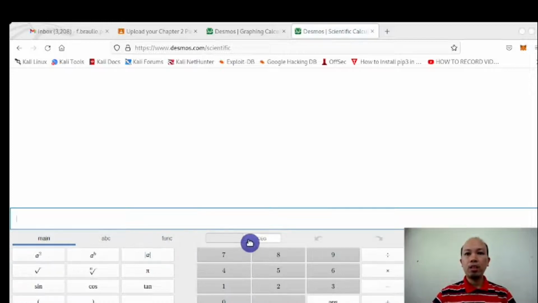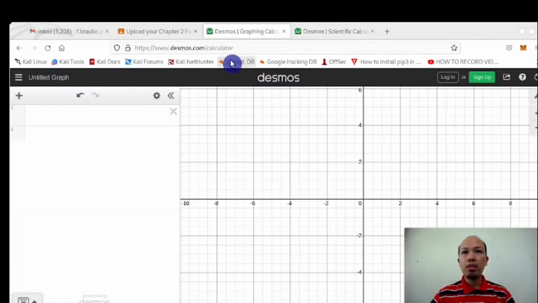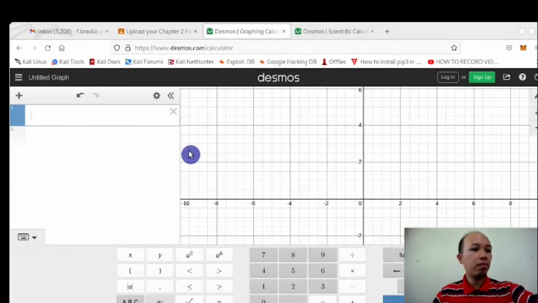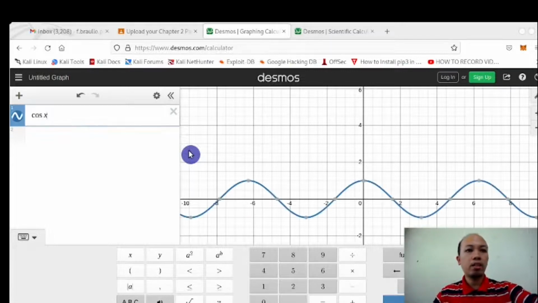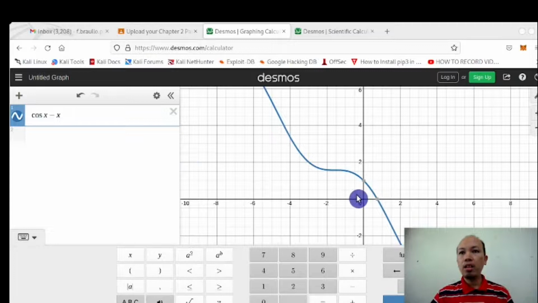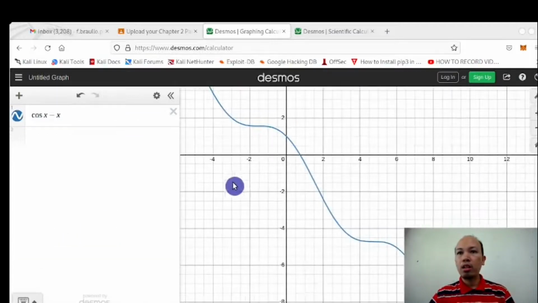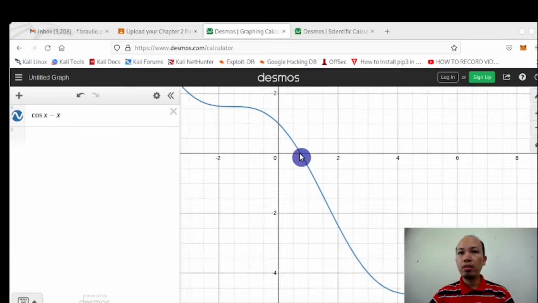Don't forget that we will use the radian mode. But before that, let's graph the function cosine x minus x. Clearly it has a root at this point, which is 0.739. This is the root, approximate to 3 decimal places.